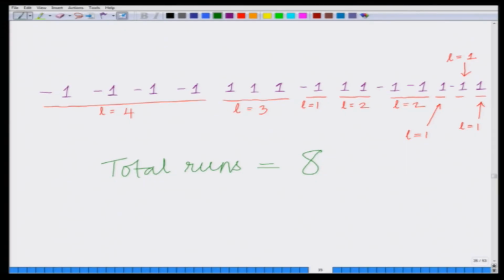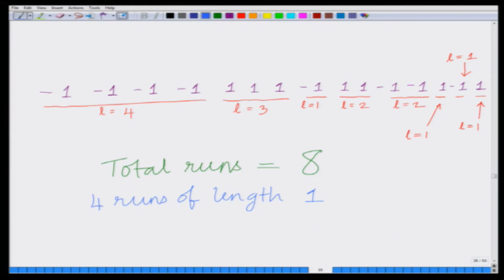Okay. Now, out of these total number of runs, 8, I have 4 runs of length 1, correct.